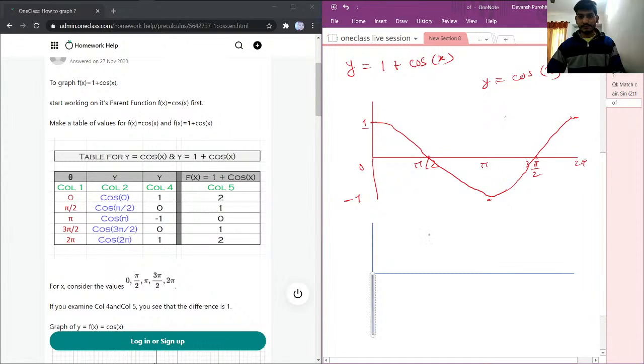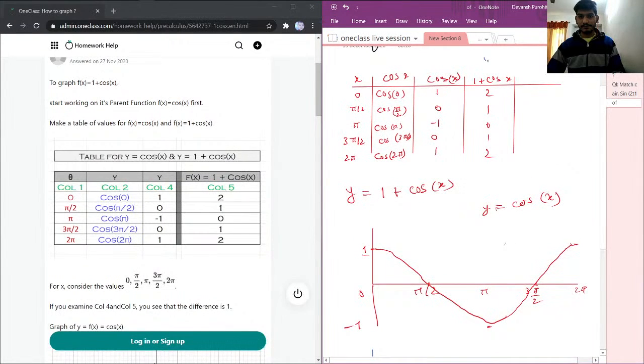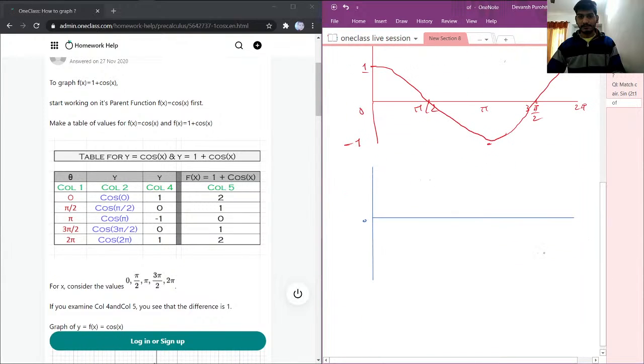Now again I have 0. This is basically y. So we can see that y is going from 0 to 2.